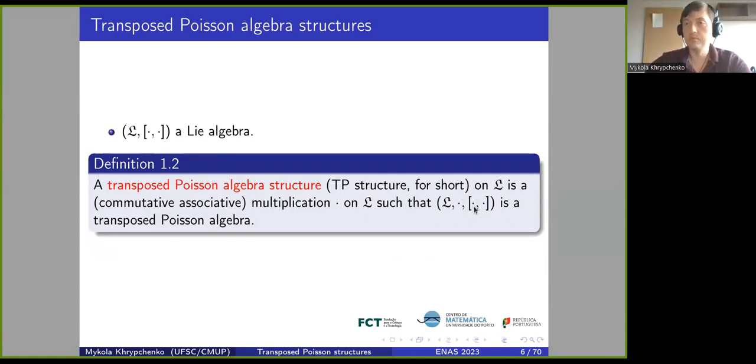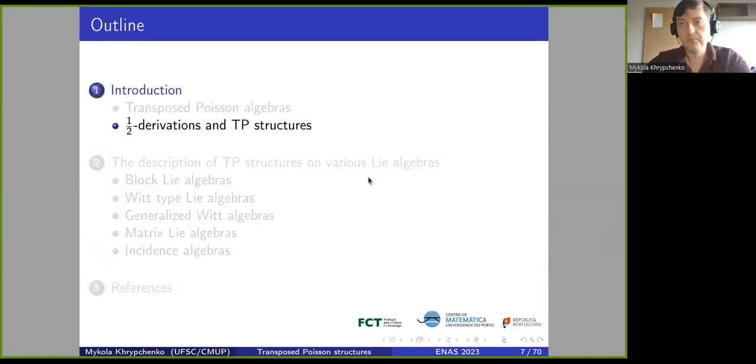How can you describe all the commutative associative multiplications on this vector space, which jointly with this bracket make it a transposed Poisson algebra. And I will abbreviate transposed Poisson just to TP structure, or TPA structure, transposed Poisson algebra structure, if you wish to distinguish from transposed Poisson superalgebra structure. But in this talk, I will only speak on transposed Poisson algebra structure, so TP structure.